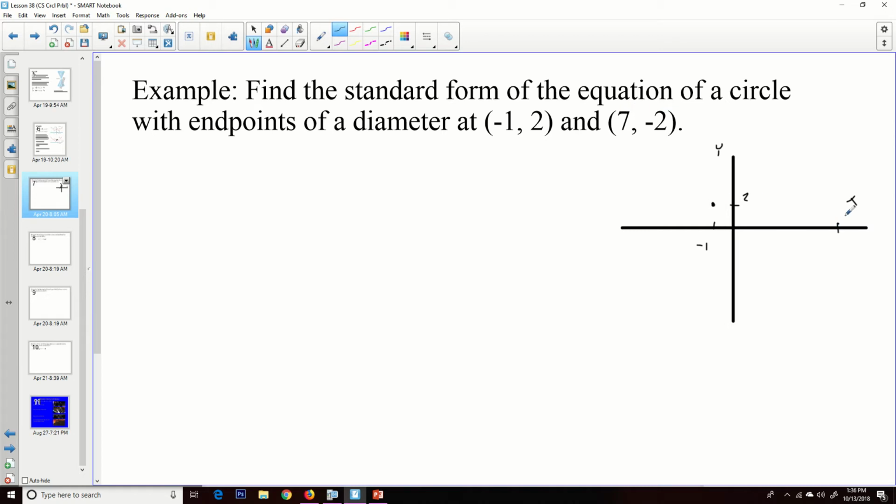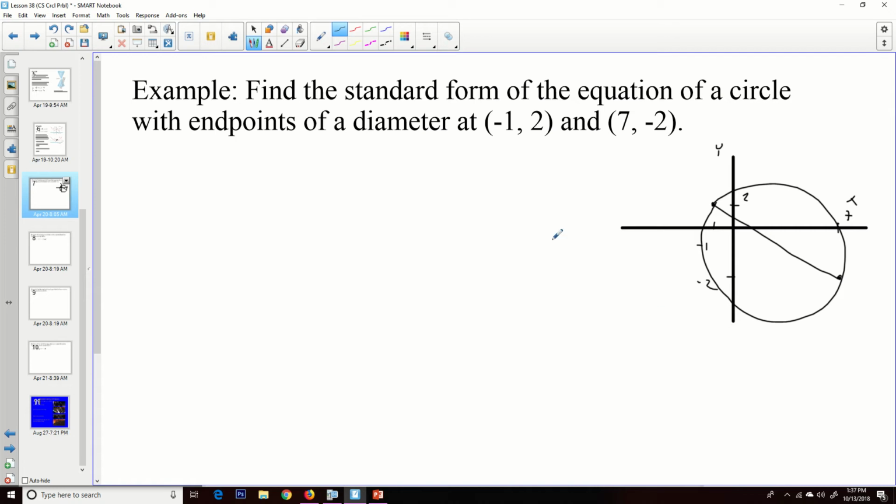So if I come over here and say that that point there is 7, and this point here is -2, and I talk about this point right here, then this thing right here is a diameter. Now I'm not going to spend a ton of time, but it looks more like an ellipse. Maybe I'll try and do a little bit better job. That's a little bit more circly. I'm trying to find the equation of that circle.